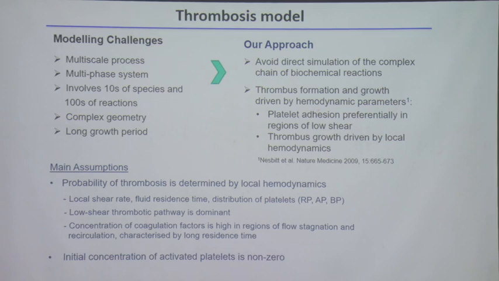When we talk about platelets, we know that platelets can be present in different states. You have resting platelets. RP stands for resting platelets, and AP stands for activated platelets. This is after activation. A resting platelet can be activated to become an activated platelet. And then BP stands for bound platelets.